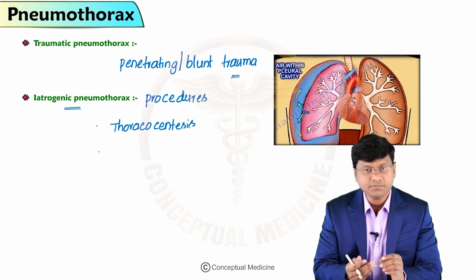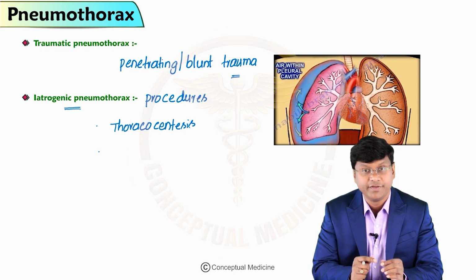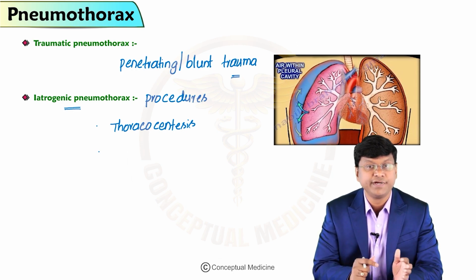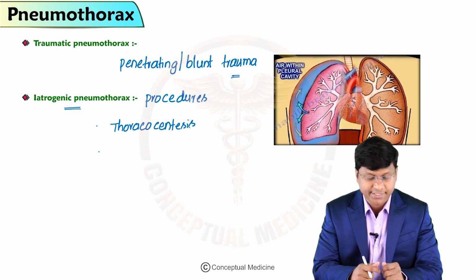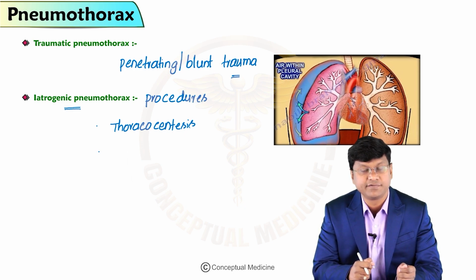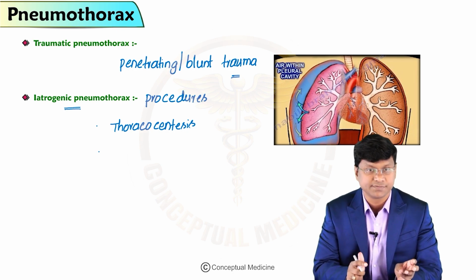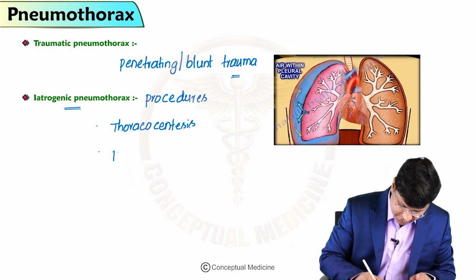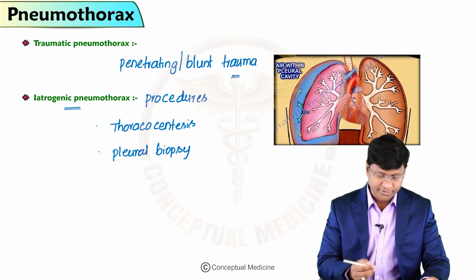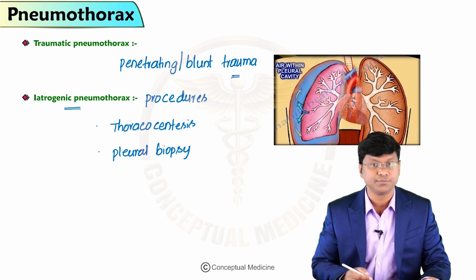Thoracocentesis, or pleurocentesis, is where there is excessive accumulation of fluid in the pleural space. In that scenario, we try to drain out this fluid, and that procedure is called pleurocentesis or thoracocentesis. And pleural biopsy. During the procedure of pleural biopsy, the individual can develop iatrogenic pneumothorax.